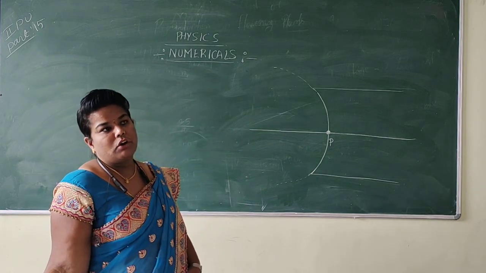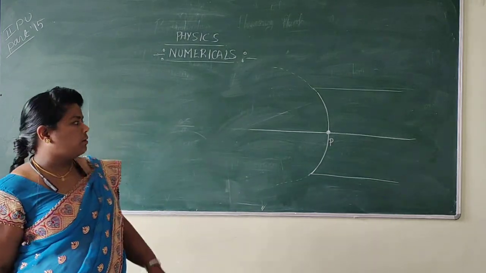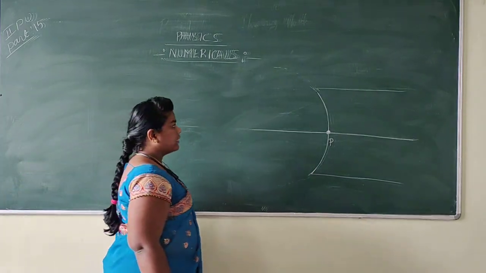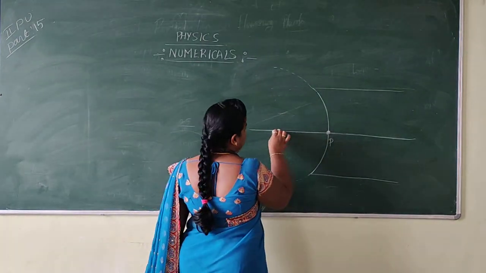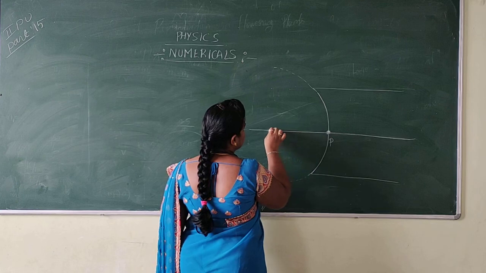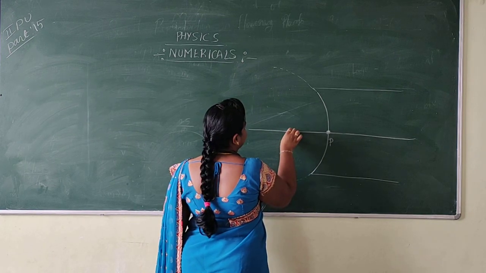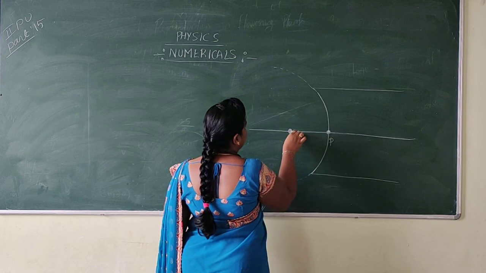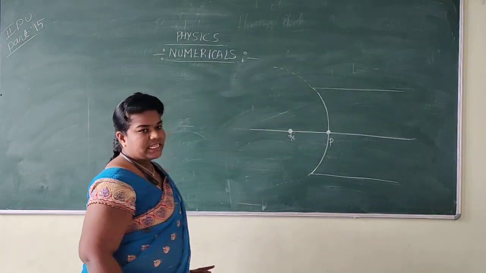Find the position of the object. See, the object is somewhere in air. It means the object is somewhere in air. I am just going to write that the object is somewhere here. The object is somewhere, I don't know exactly.